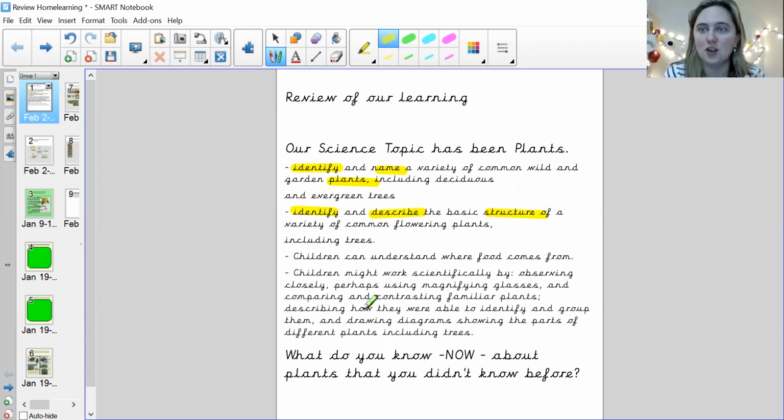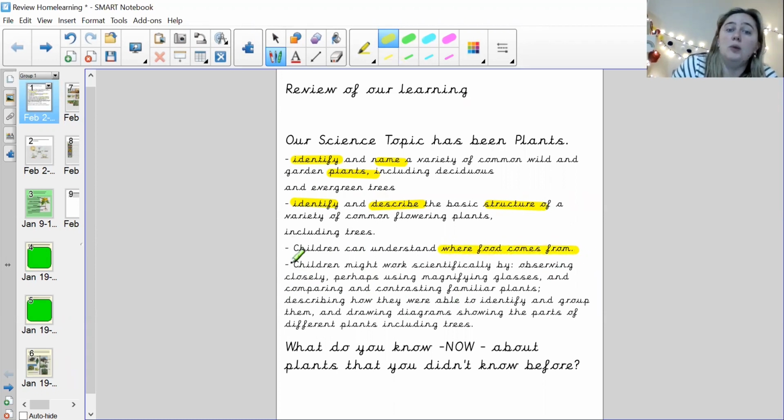That means we need to know the four parts of a plant, including trees and flowers. We need to know where food comes from. We need to be able to work scientifically, which is what we've been doing with our bean, looking closely and describing how they're able to identify and group different types of plants.